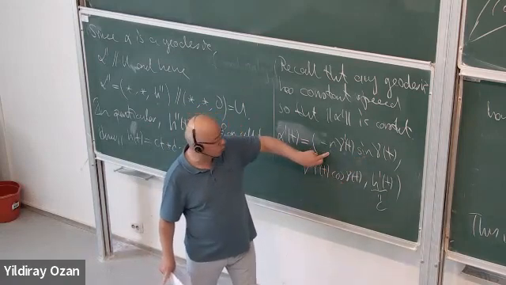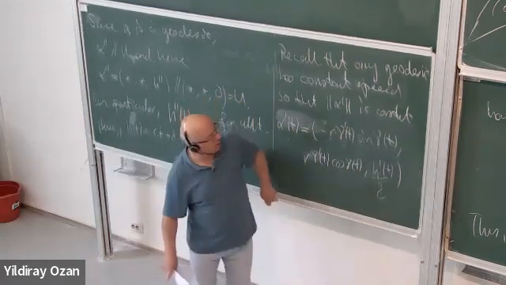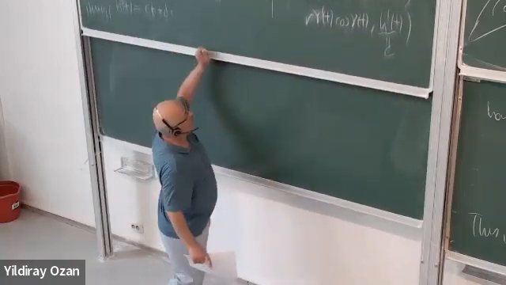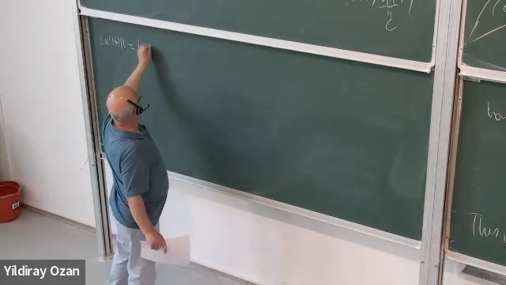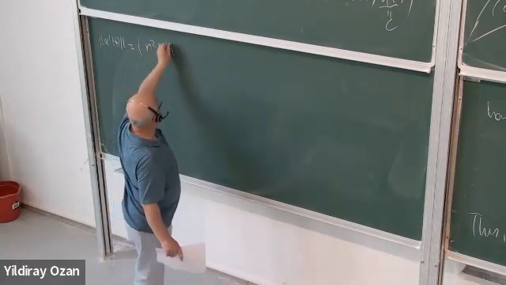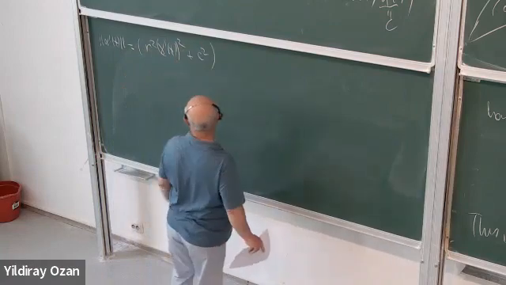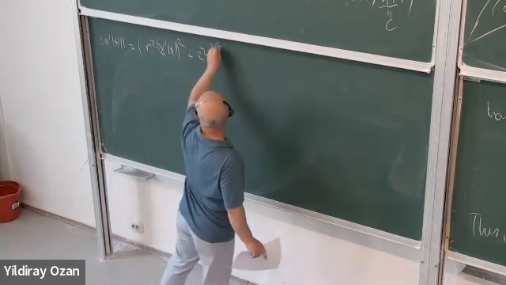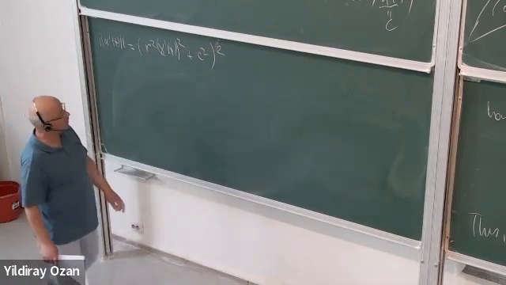So the result is just the square root of r squared gamma prime t squared plus c squared. And this quantity is constant, right?